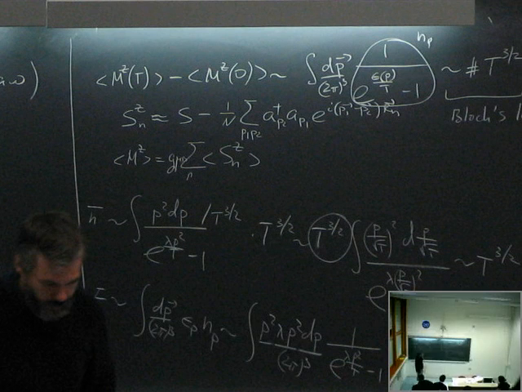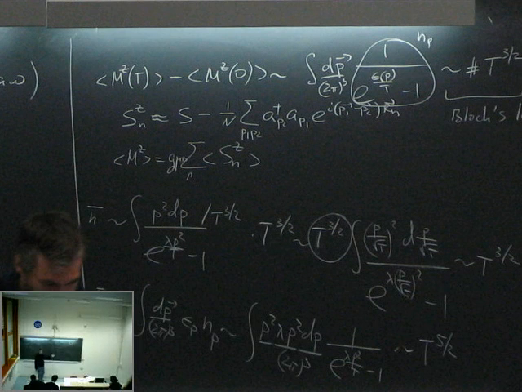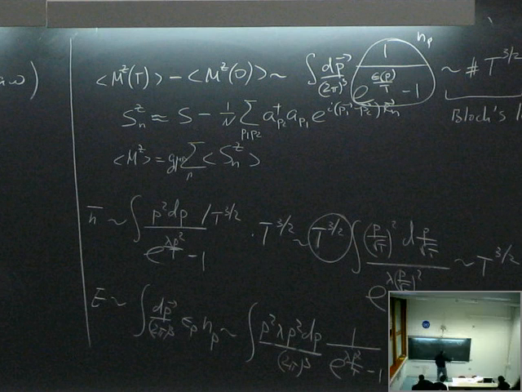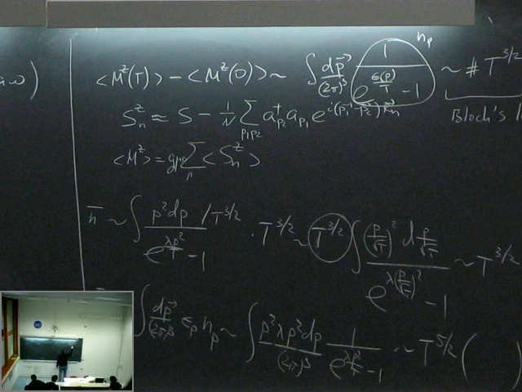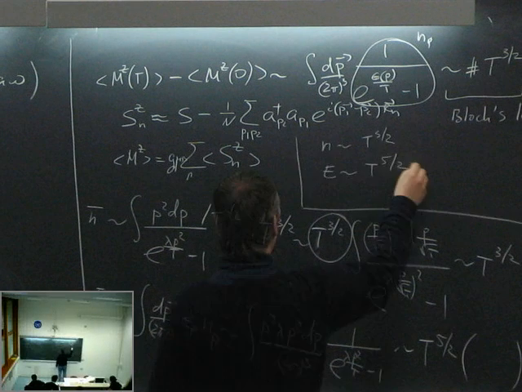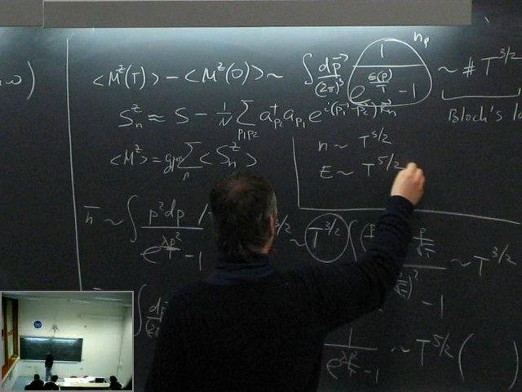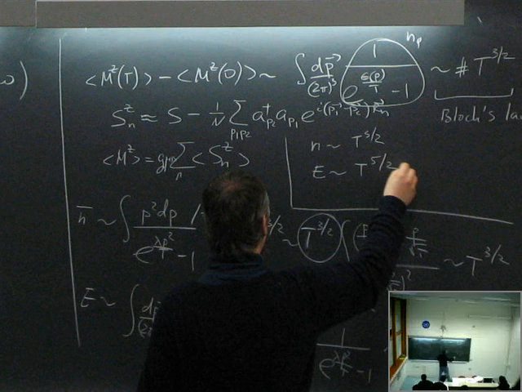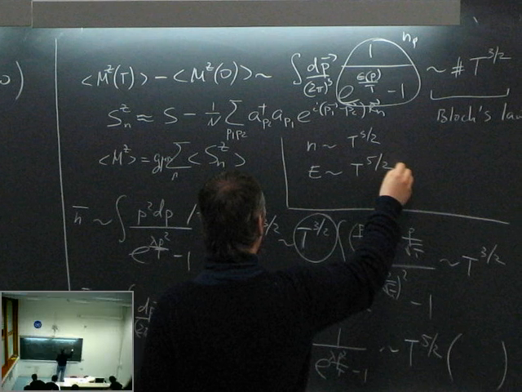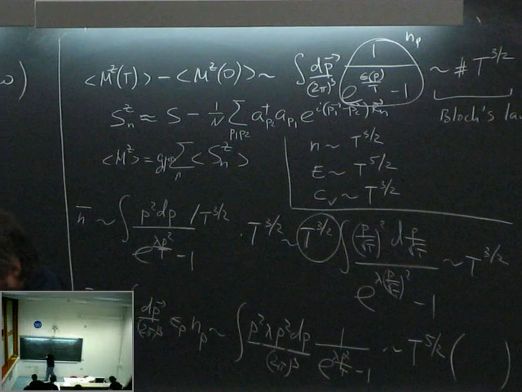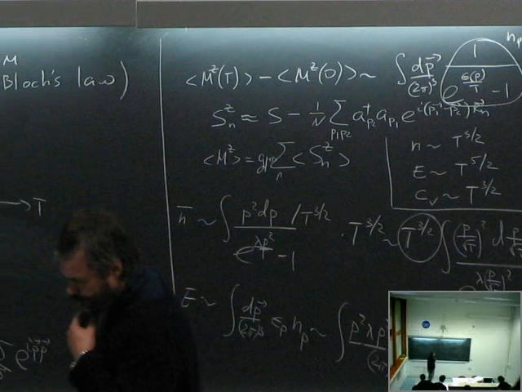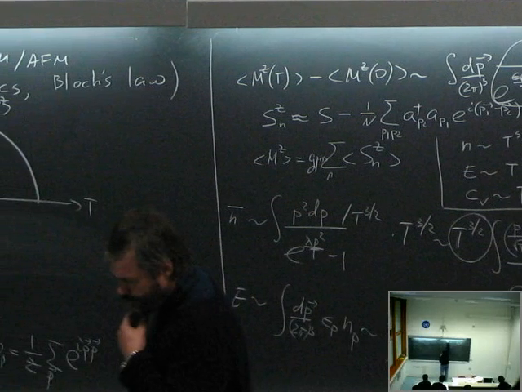So the energy associated with magnons is proportional to temperature to the power of 5/2. N is proportional to T to the power 3/2, energy is proportional to T to the power 5/2. If we differentiate energy with respect to the temperature, we get specific heat, which is then proportional to temperature to the power 3/2. So this is how magnons contribute to thermodynamics for ferromagnets.